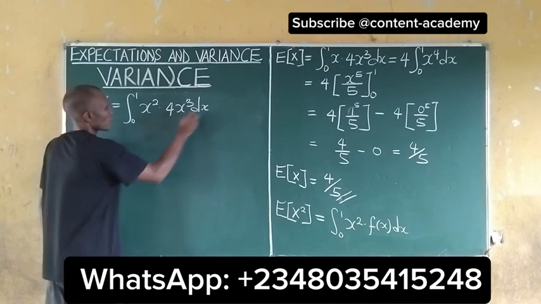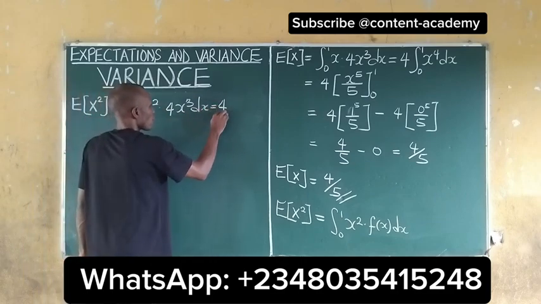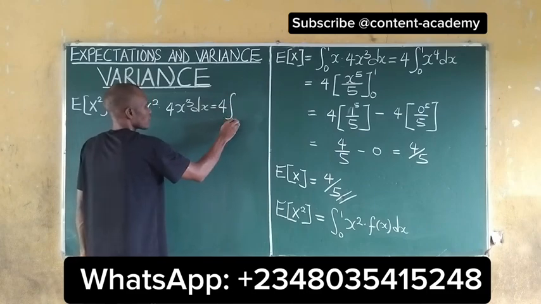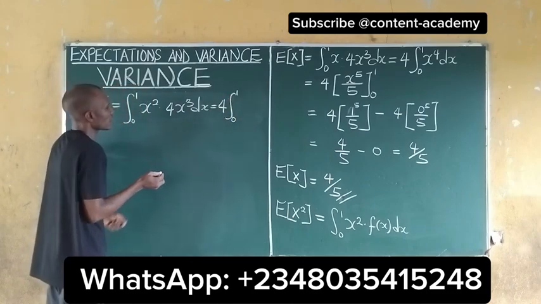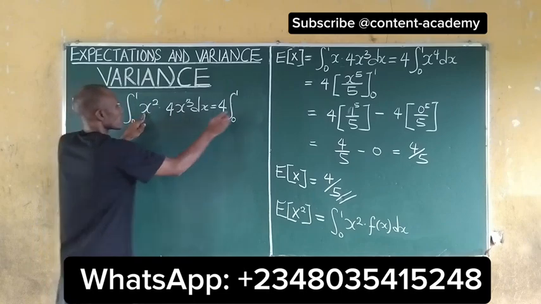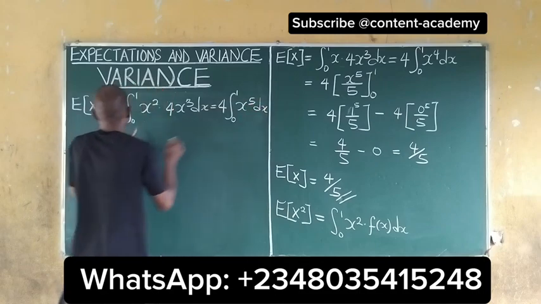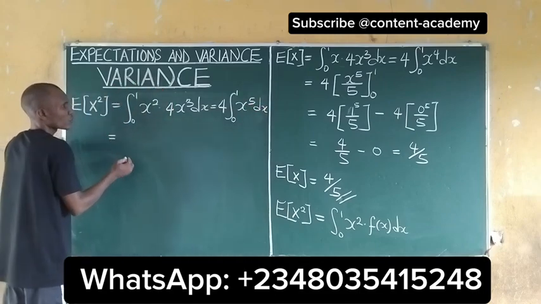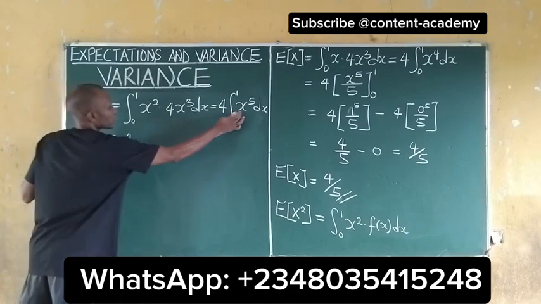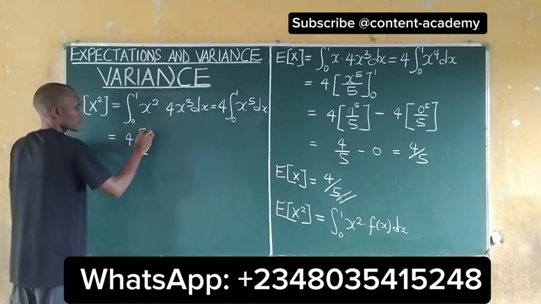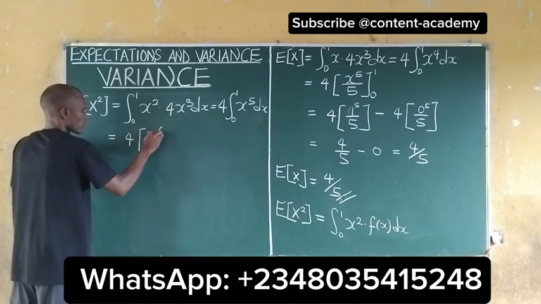So this 4 can come out to give us 4 integral from 0 to 1. Then this multiplied by this, we have x raised to the power of 5 dx, which is also equal to 4. If we integrate this, we have x raised to the power of 6 all over 6.